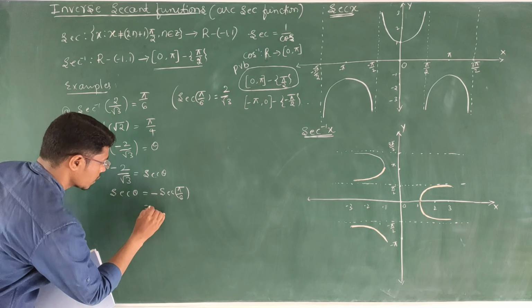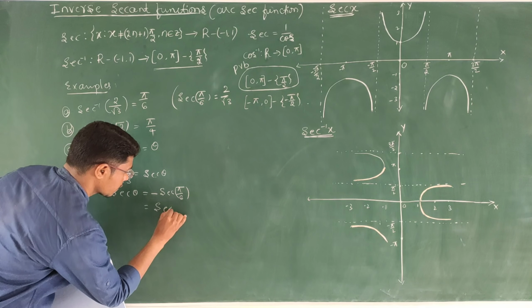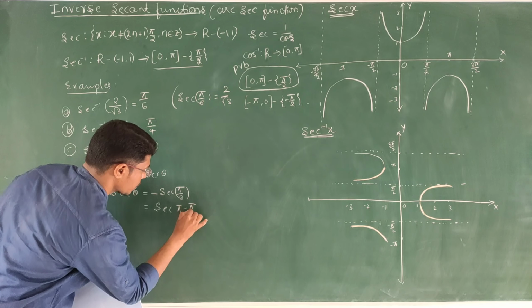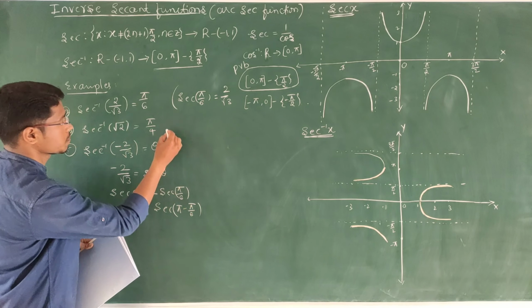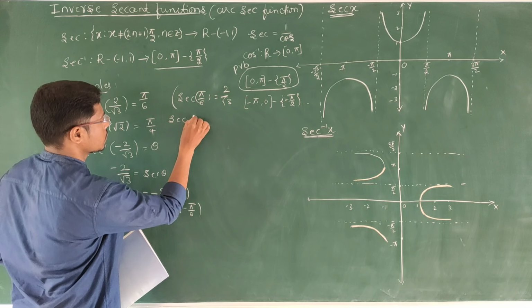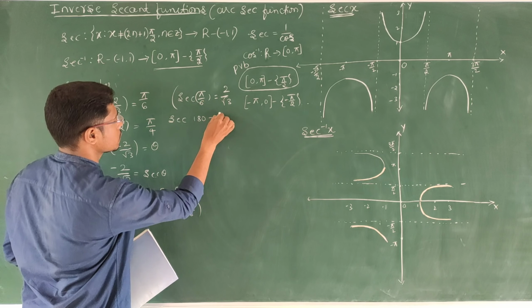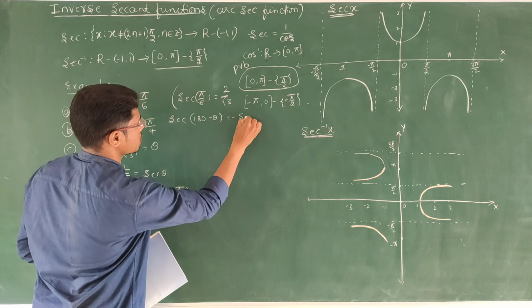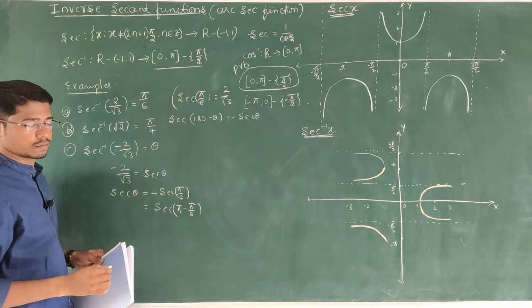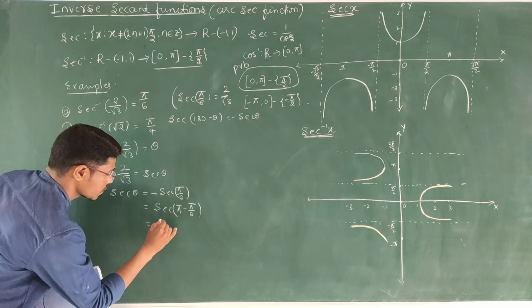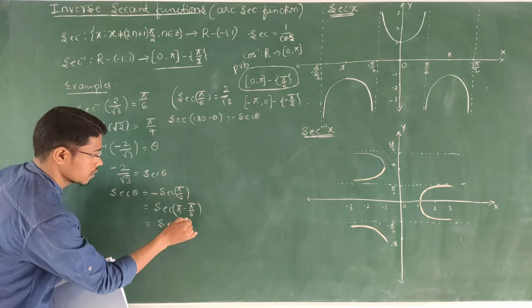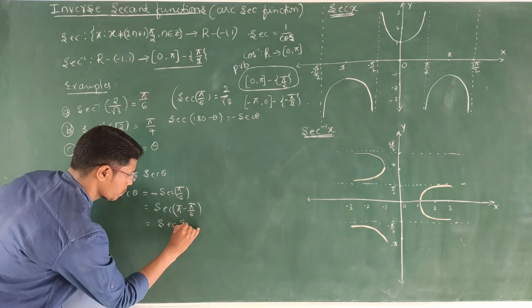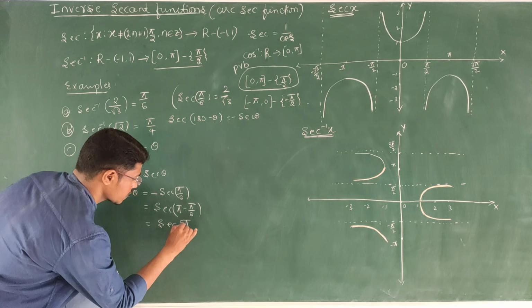Therefore take the minus inside: sec of pi minus pi by 6, that is, sec of 180 minus theta is minus sec theta, right? That's why I consider pi. So this becomes 6 pi minus pi, 5 pi divided by 6.